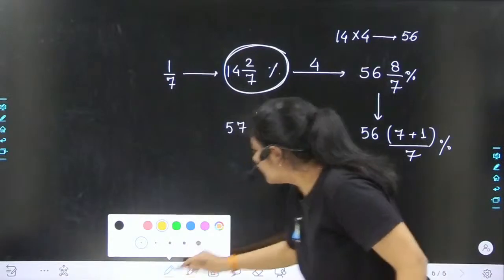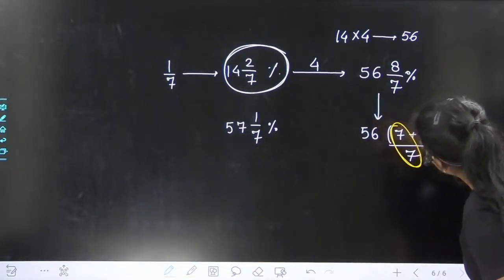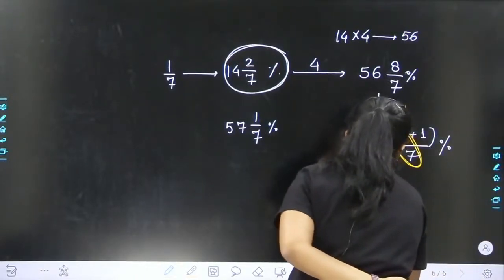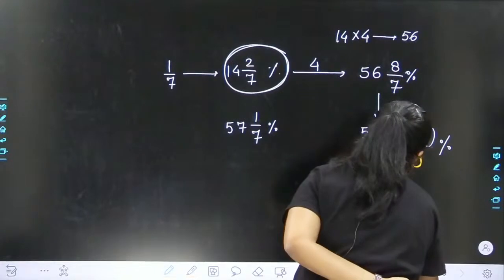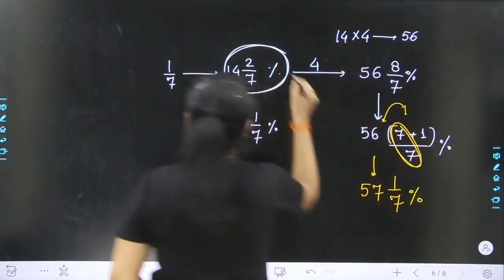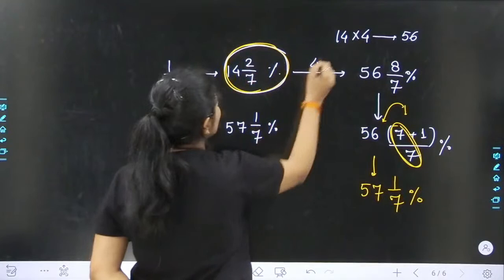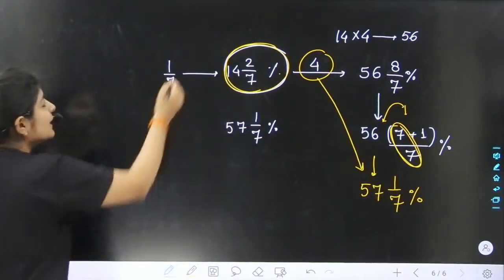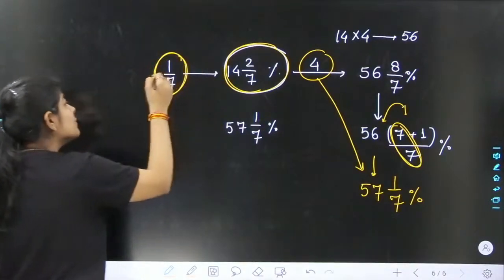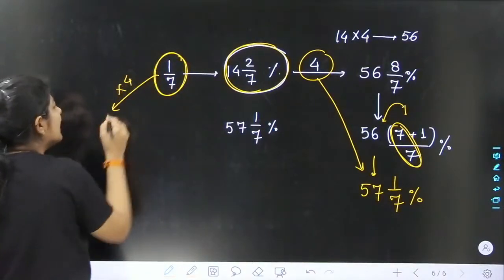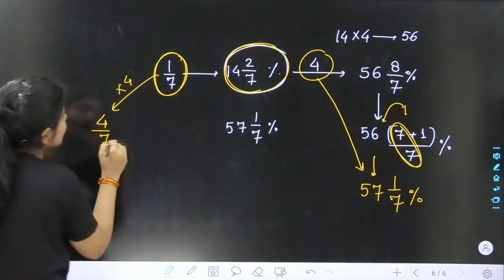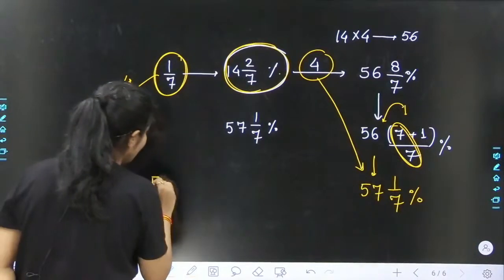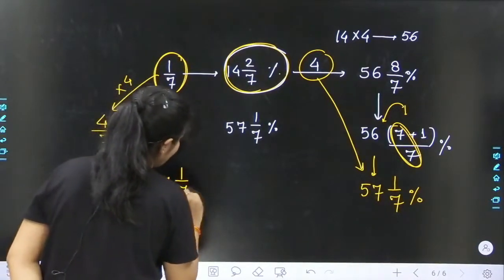Now this will give me a whole 1 which is transferred over here, and this will become 57 1 by 7%. That means if I multiply 14 2 by 7 by 4, I'll get 57 1 by 7%. That means I have to multiply this 1 by 7 by 4 also, and I'll get my answer as 4 by 7. If I want to write 57 1 by 7% into fraction, my answer is 4 by 7.